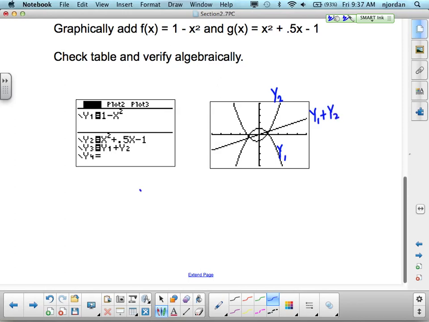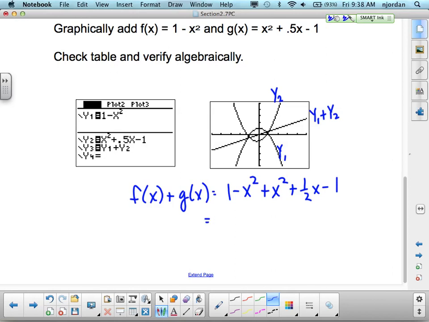And if we again take those two functions and add them together, x squared plus 1/2 x minus 1, the x squared terms cancel out, and we're left with just 1/2 x. And we can see that it's going through the origin, so our slope is 1/2, y-intercept is 0.